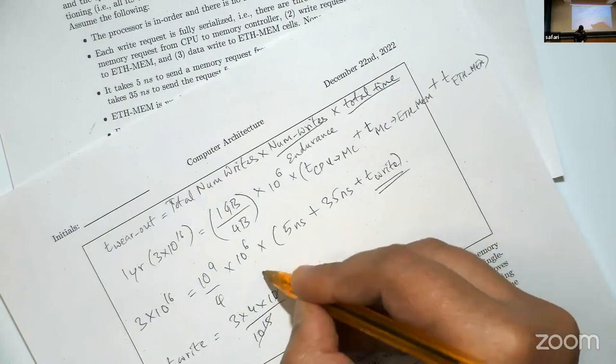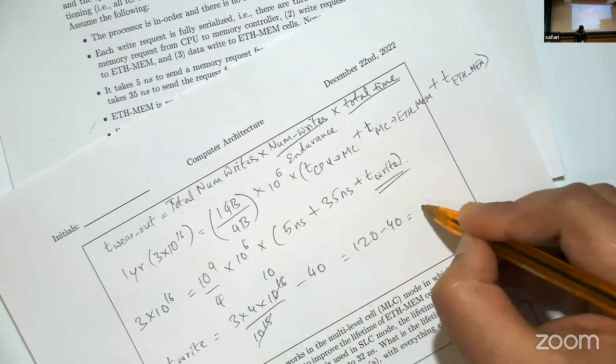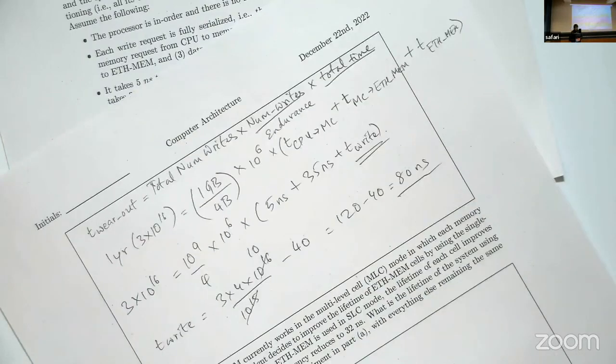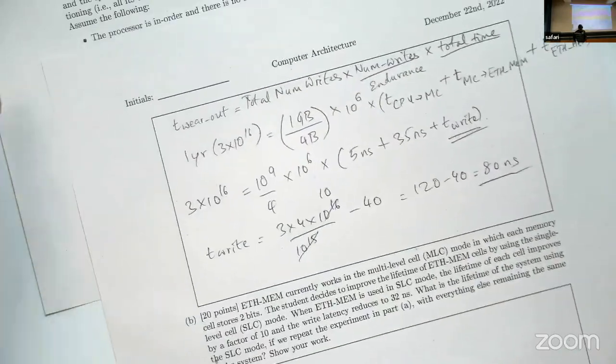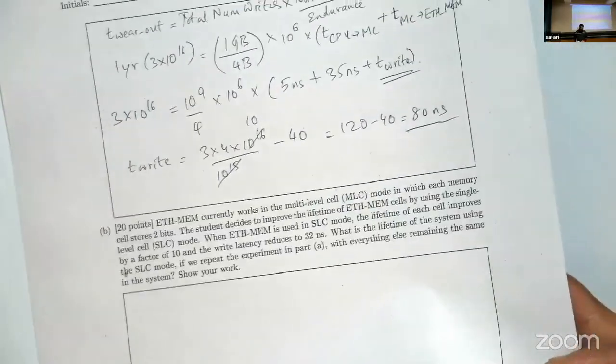So this will be 10, and you get 120 minus 40, which is equal to 80 nanoseconds. That's the write latency of ETH-mem. So that was the first part of this question, any doubts so far?